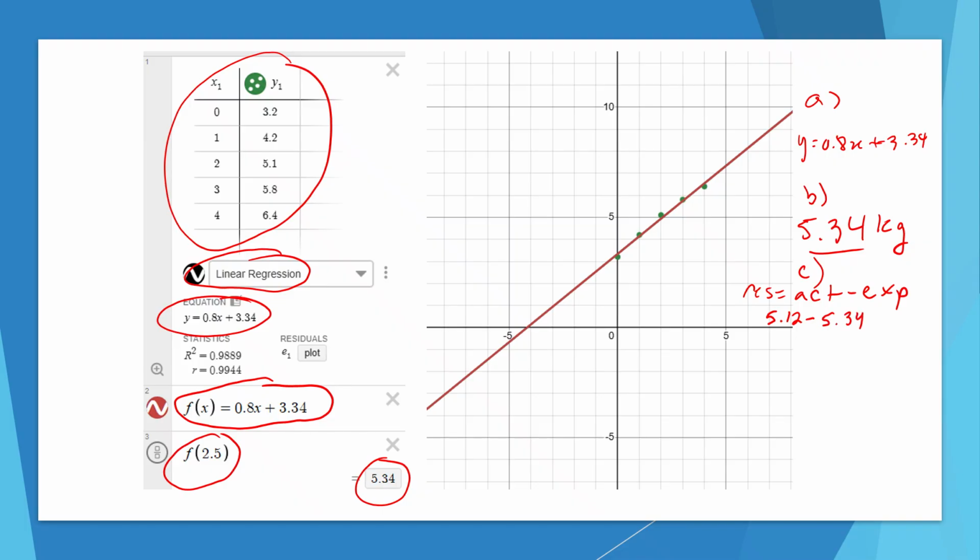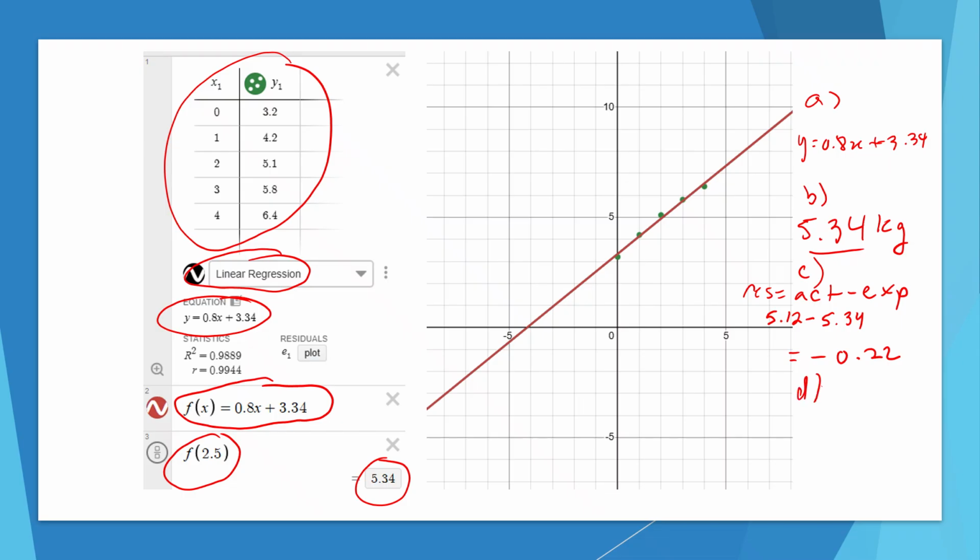And so our residual should be, let's see, negative 0.22. That should be our residual, negative 0.22.